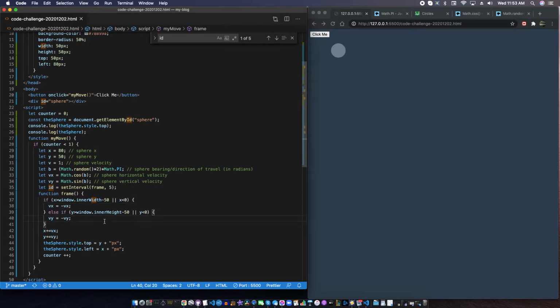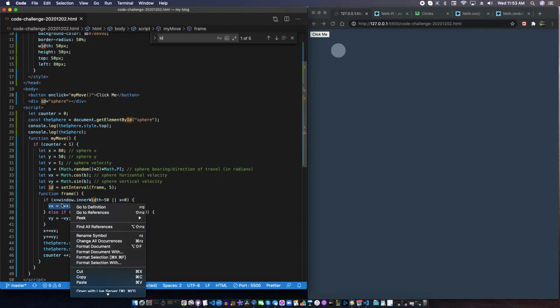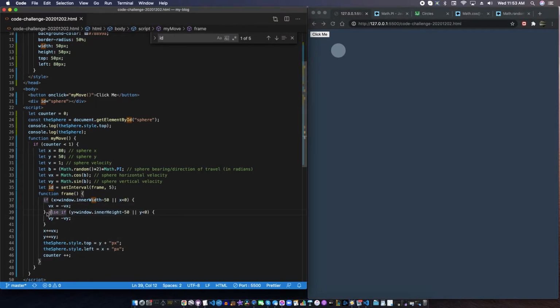I can run it. Else if, yeah, so we're saying if it's outside, then we're going to bounce it horizontally. Or, no, I don't need the else if, I need just a subsequent if.